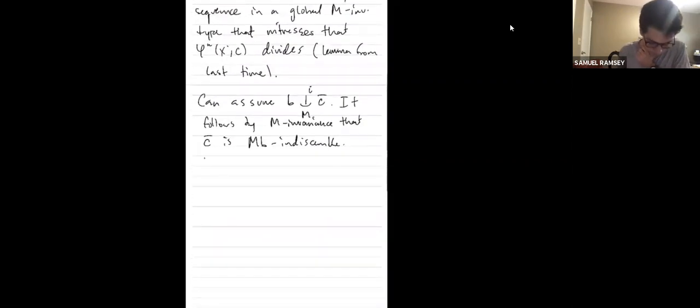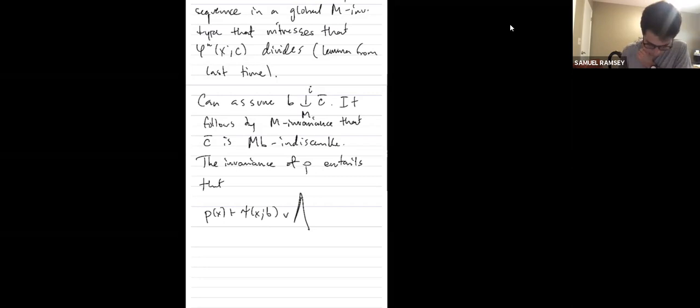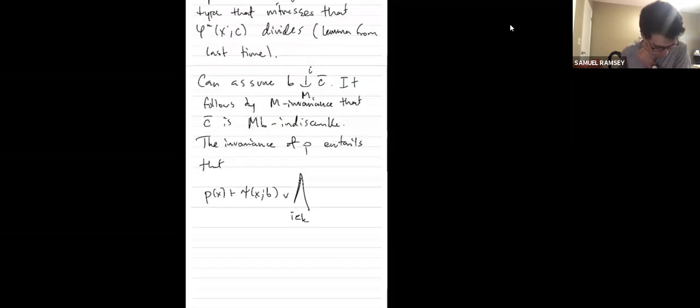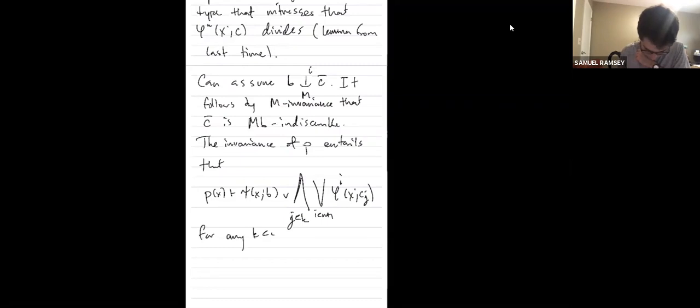Now, the invariance of P entails that P of X will imply C X B, or now I take a conjunction over J less than K of the disjunction over I less than N plus 1 of phi I X C J, for any K. Okay, why?